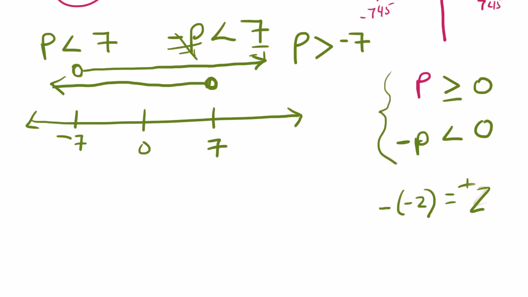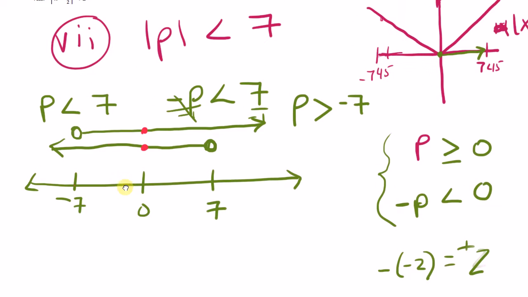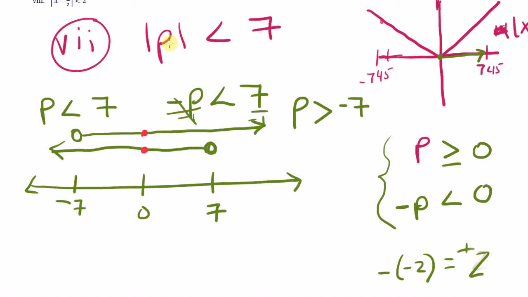Okay, so now what's going to happen is there are double lines between -7 and 7. We agree? Hope so. So there's 0. And what I'm going to do here is test the values to make sure. So is the absolute value of 0 less than 7?